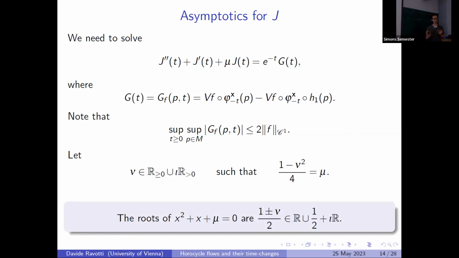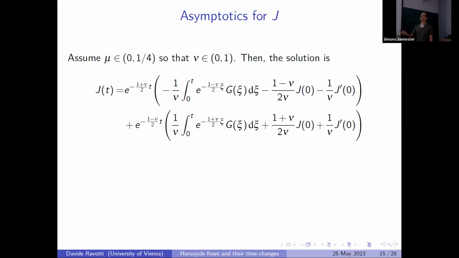These cases have to be treated slightly differently because when you have a double root, there is an extra linear factor appearing. So just to give an example, let me assume that our mu was strictly between 0 and 1/4, so that 1 minus 4 mu is positive, and when I take the square root, nu is some number strictly between 0 and 1. I can write exactly what the solution is. I can find an expression for j of t.